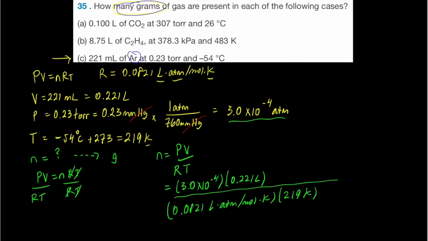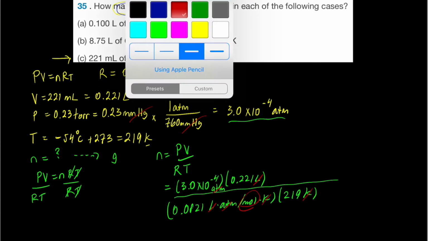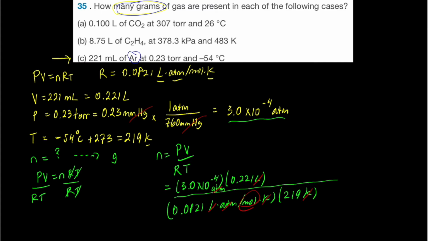All right, it's always a good idea to make sure that your units are canceling. You can see how I actually forgot to write atm here. I'll squeeze that in. So atmospheres and atmospheres cancel, liters and liters cancel, kelvins and kelvins cancel, and we're left with moles. So that's what we want. So n, which is what this all equals.